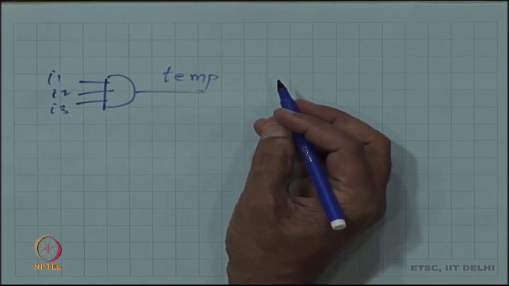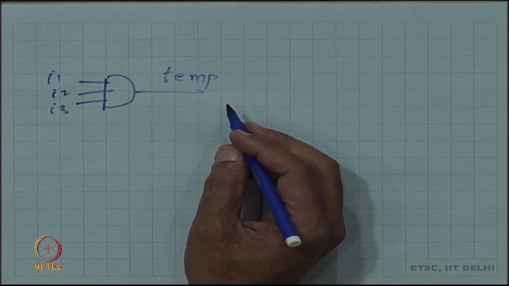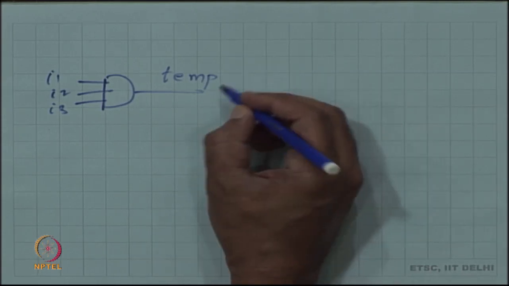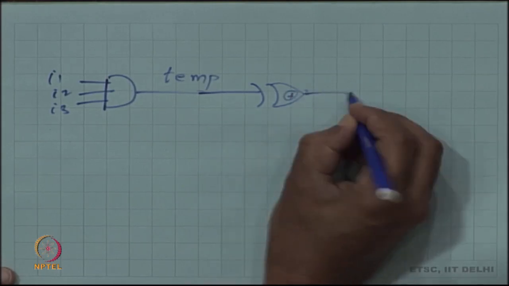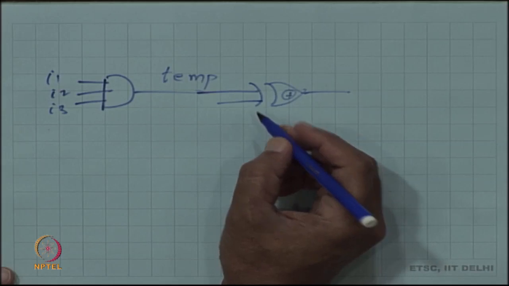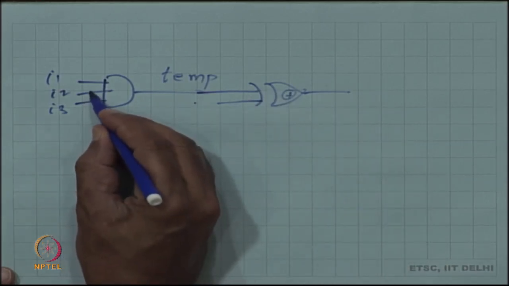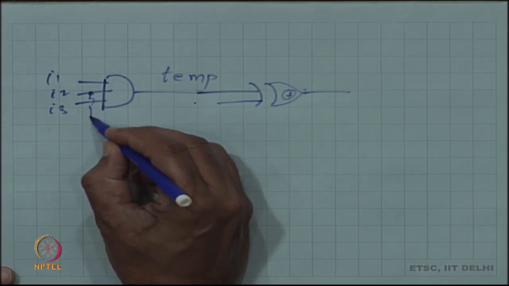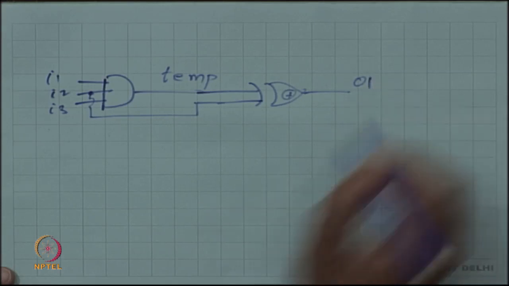What else do I have here? The temp actually leads to 2 different gates here. One is an XOR gate, where the second input is I2. That means I take it from here, and the output is O1.